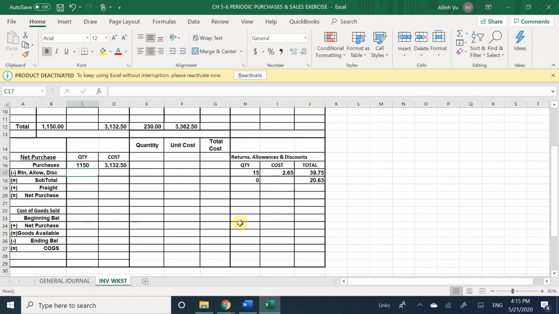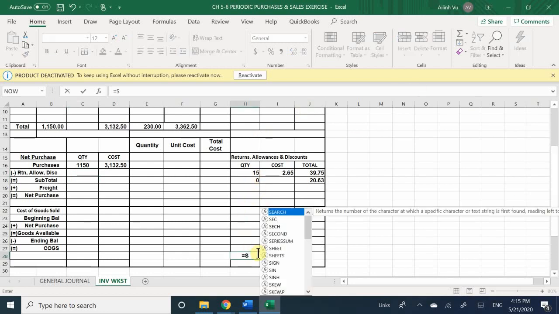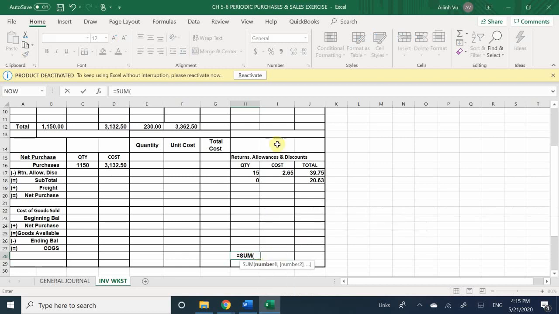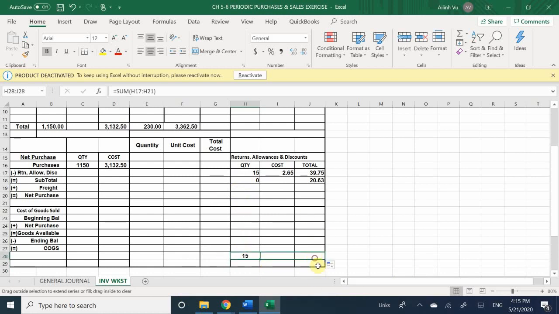So we have a total of 15 cups we've returned, and a total of $60.38 that is being returned. Okay? So how do we plug this in?